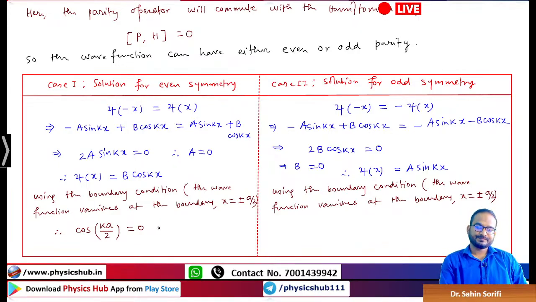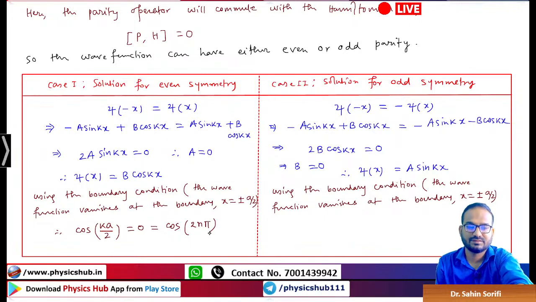Okay, so cos, for what value of cos can you write 2n pi, right? So k by 2 is equal to, acha 0 na, so it will be 2n plus 1 pi by 2, right?